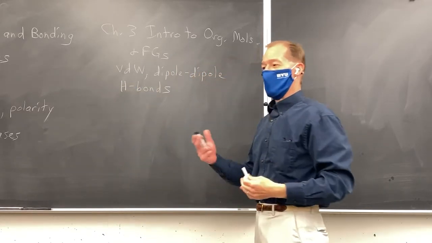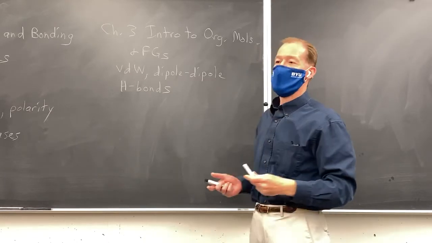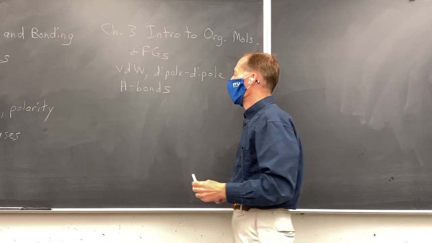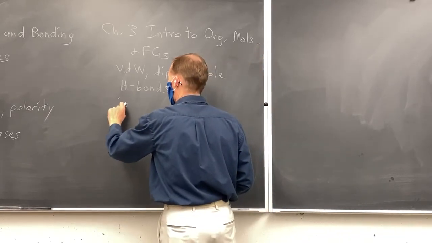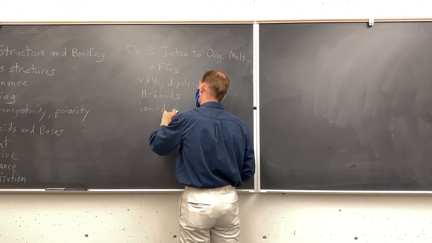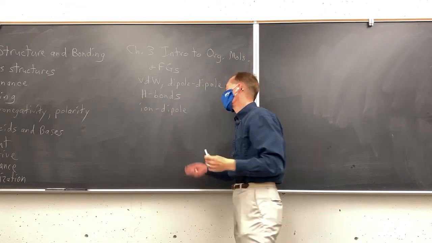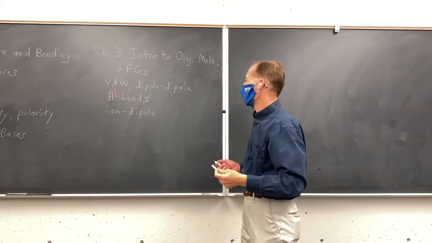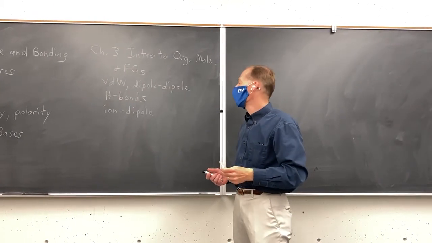And then we gave examples of the impact of these intermolecular forces on physical properties. I should also mention we talked about ion dipole forces in this section. Sometimes the book and other places erroneously refer to those as hydrogen bonds, but being able to distinguish them is important.